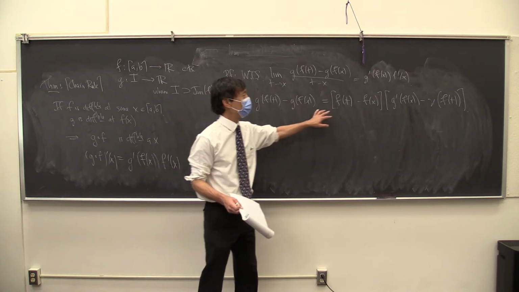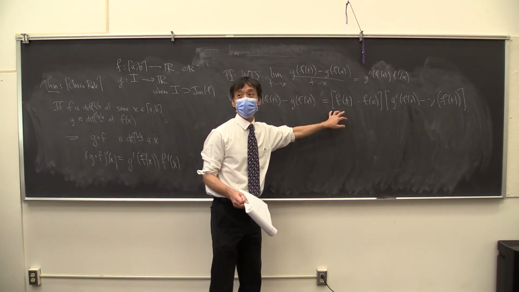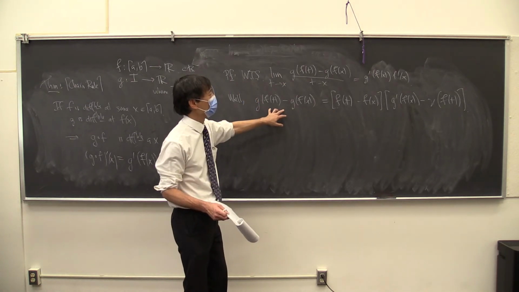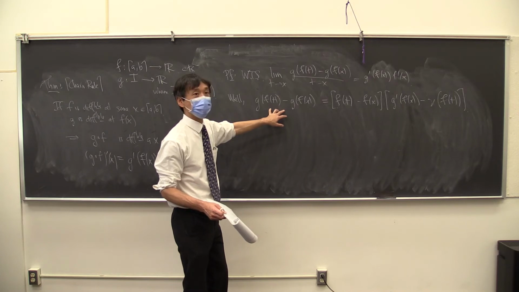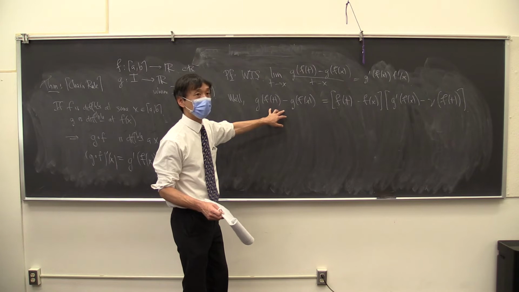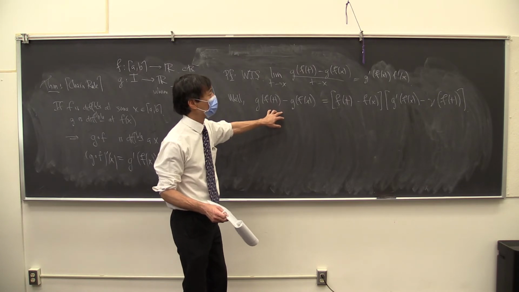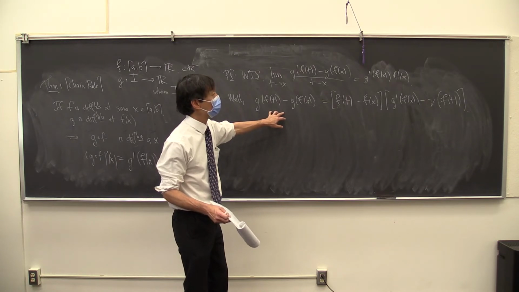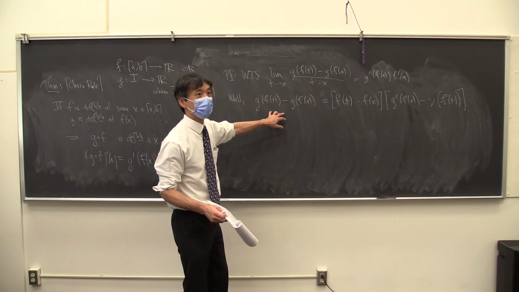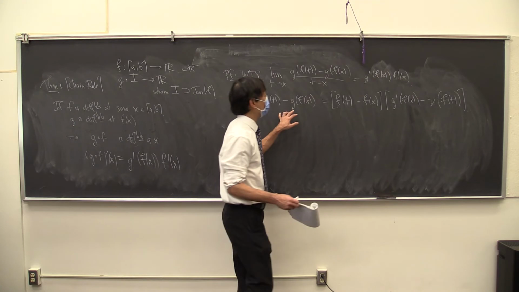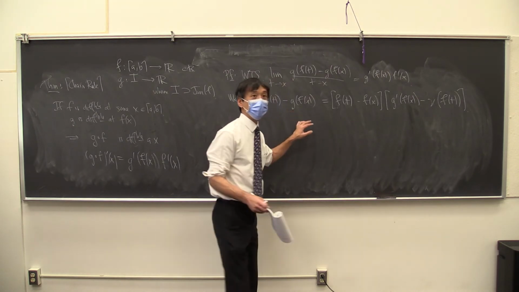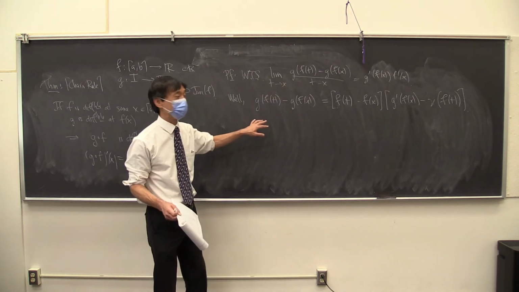Is that clear? So we're using the tangent line approximation here. Everybody okay with that?